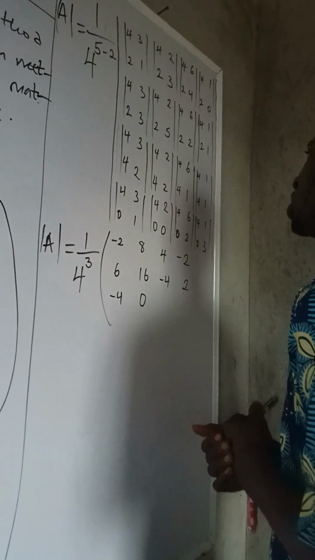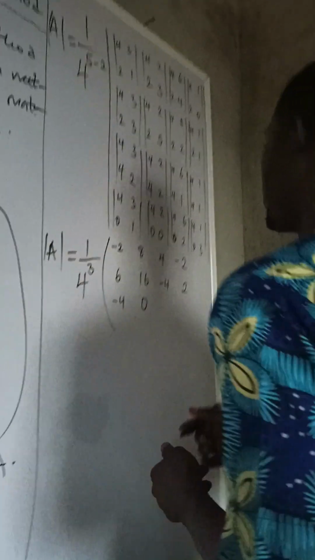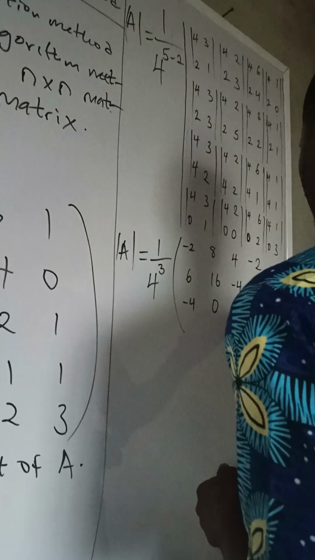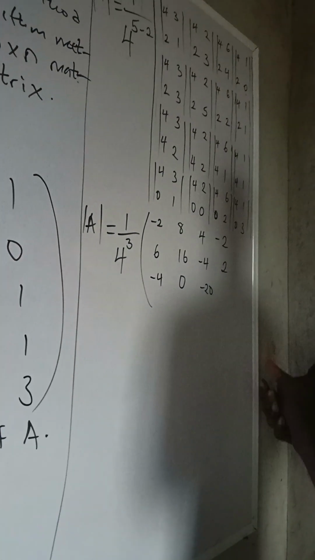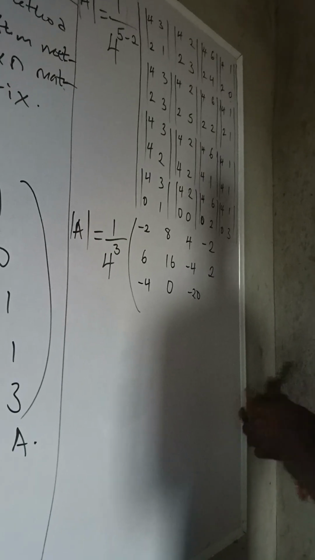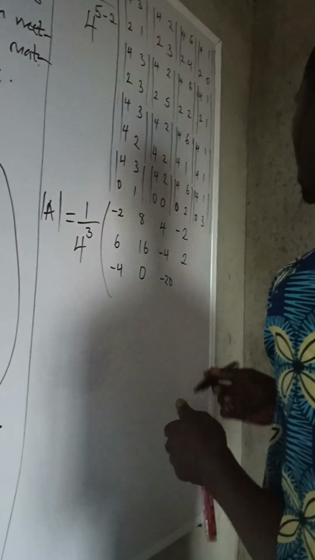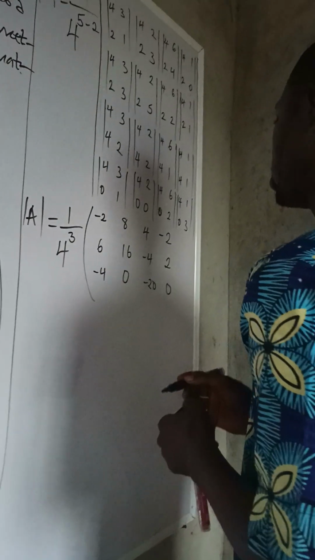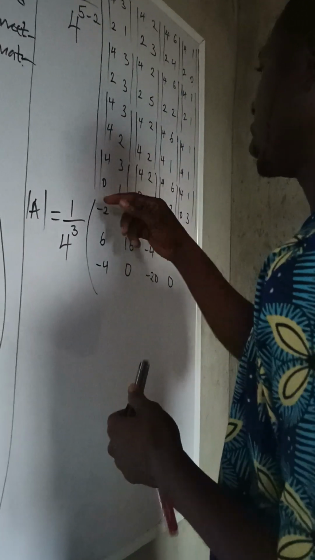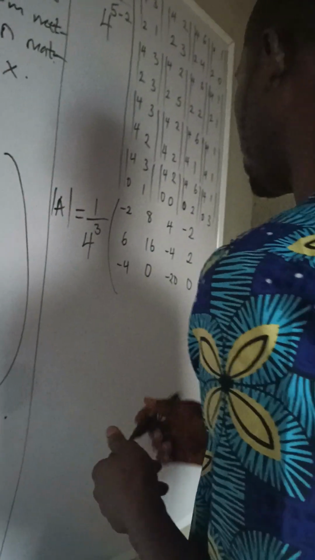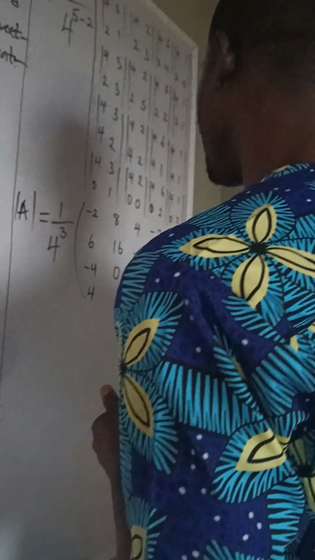We have 4 minus 24. We have minus 20. And then we have 4 times 1 minus 1 times 4. That's going to give us 4 minus 4. And we have 0. And lastly, here we have 4 times 1 minus 3 times 0. It's going to give us 4 minus 0. And that's going to be 4.